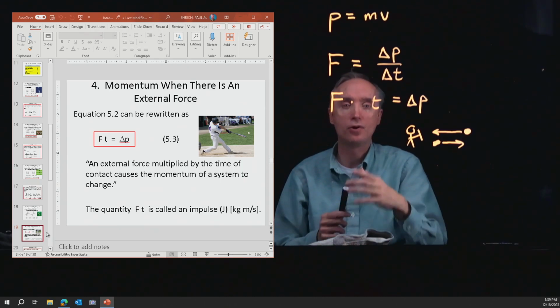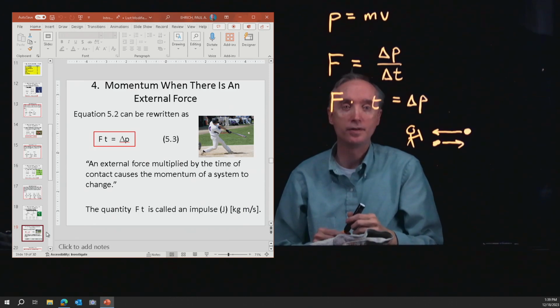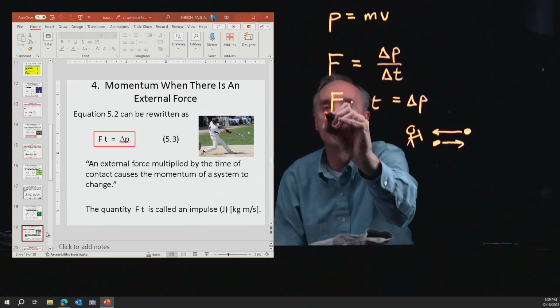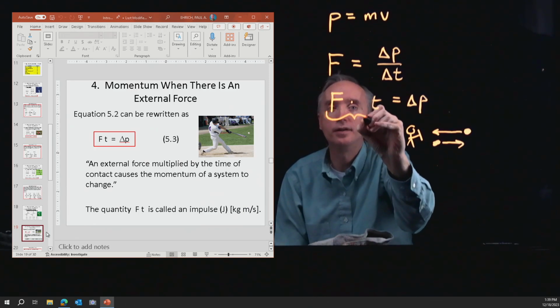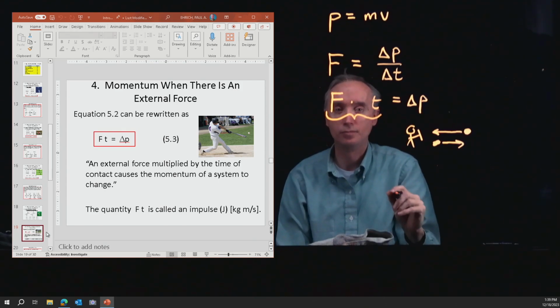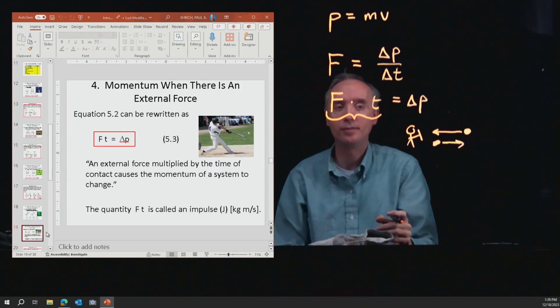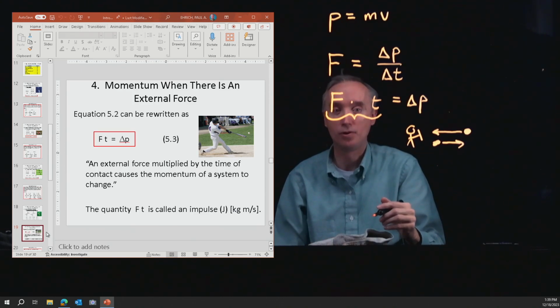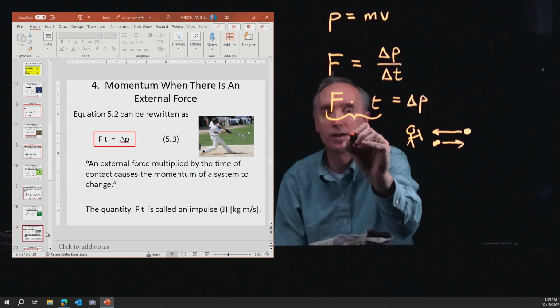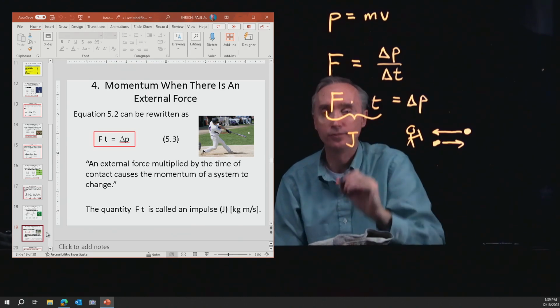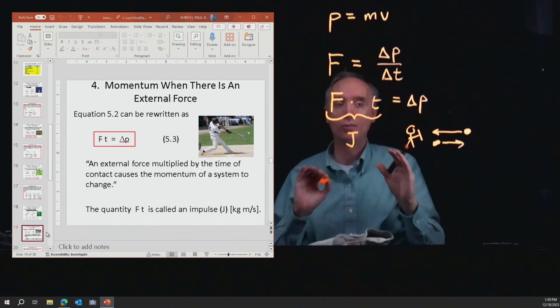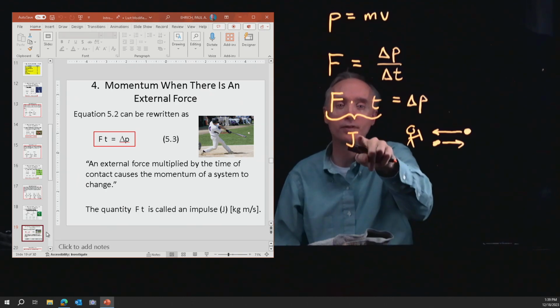Before we go and solve a problem like this, I did want to point out that this quantity right here, force multiplied by the amount of time that the force is acting on it, is called an impulse. And it has its own special letter called J. And if you're one of my students, don't worry about the J thing.